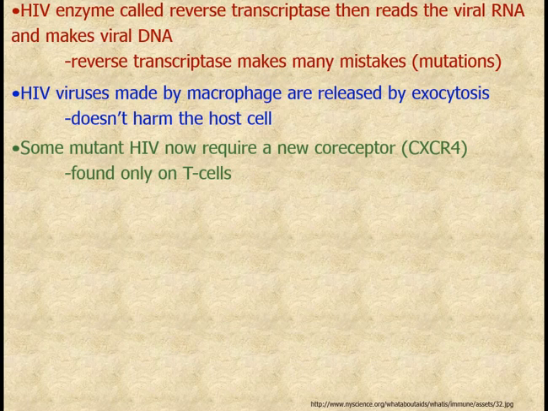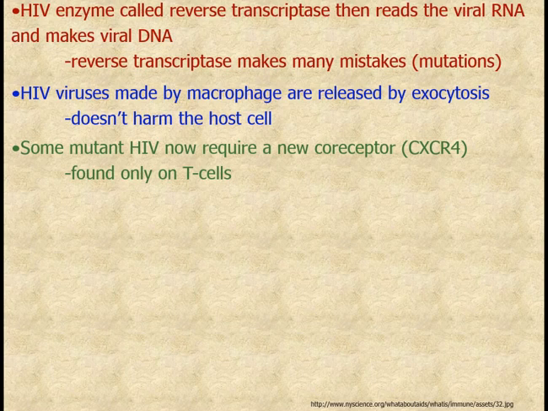However, over time, because reverse transcriptase keeps making all these mutations, sooner or later the mutant HIV will eventually require a new coreceptor. Instead of the CCR5 coreceptor, these mutant versions now require a different receptor called CXCR4.